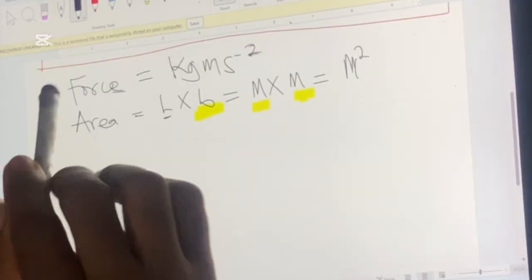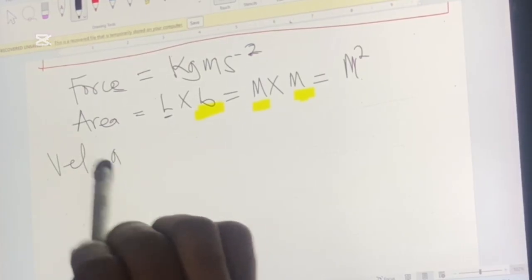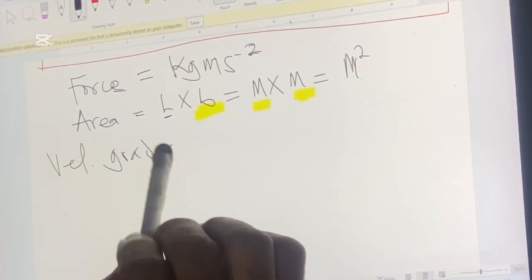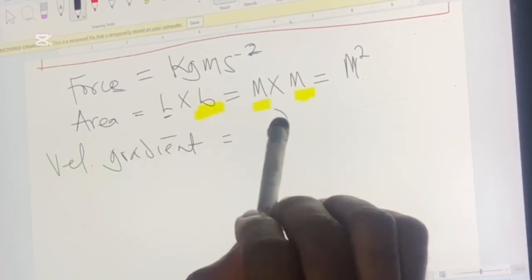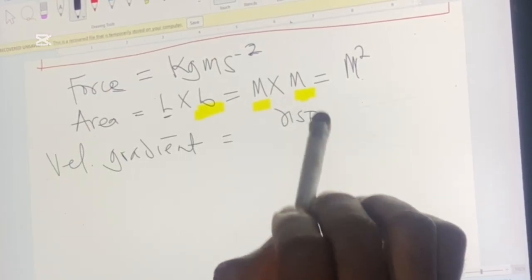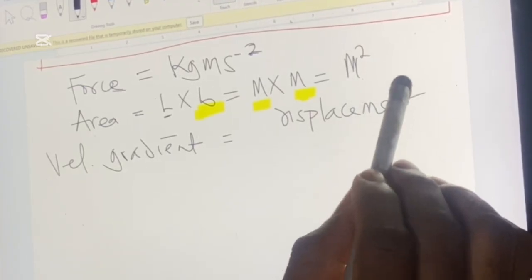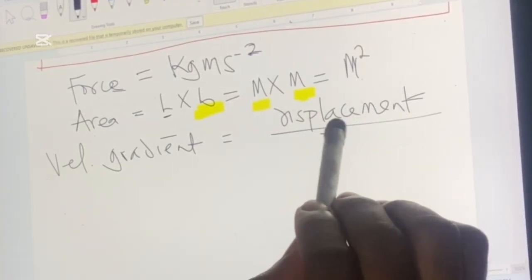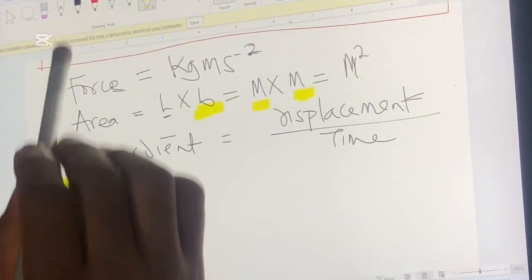Velocity gradient. Now velocity gradient is equal to displacement over time. That is for velocity.